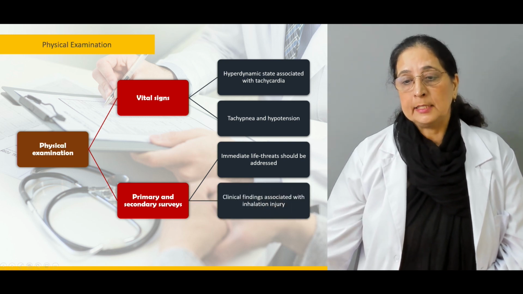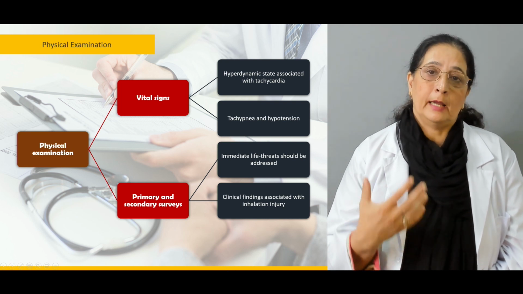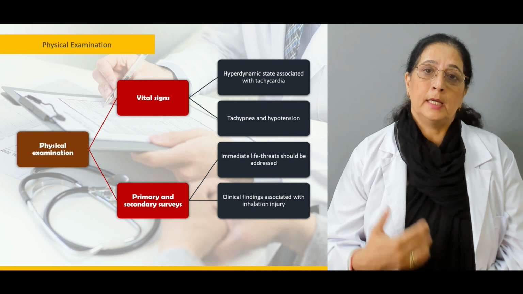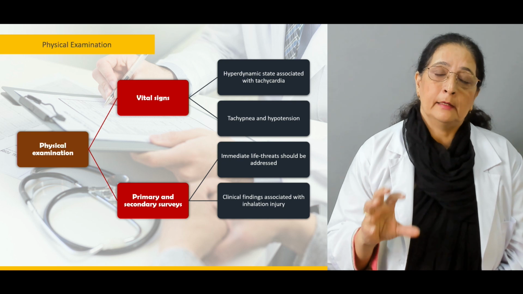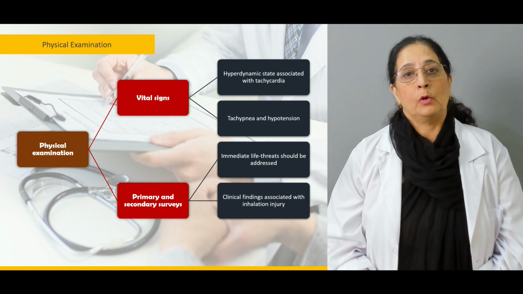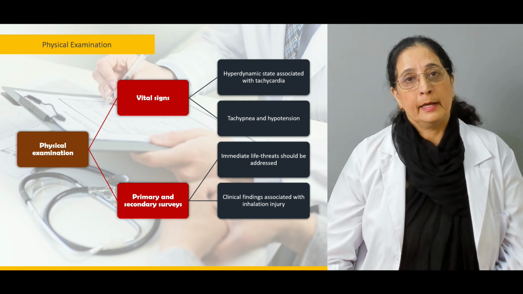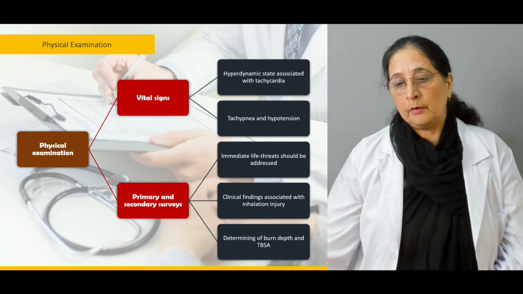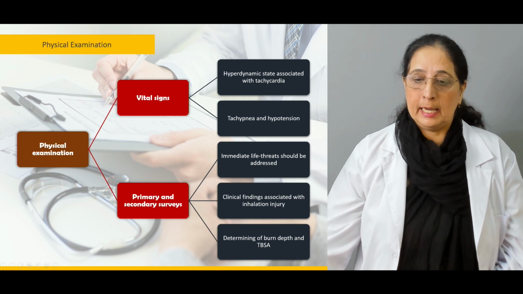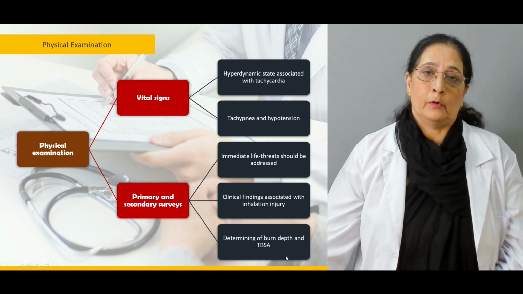Clinical findings associated with inhalation injuries: we have difficulty talking, difficulty in speaking, and there is also difficulty in swallowing. All these can be findings in inhalation injury. Then determining burn depth and total body surface area is important.